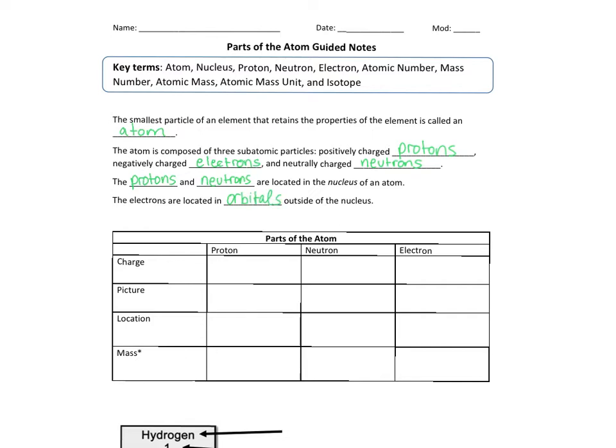Okay, so if you remember Bohr's model of the atom, it had the electrons in those planetary orbits outside, kind of circling the way that the planets do around the sun.